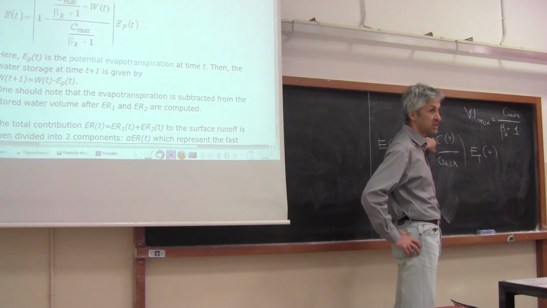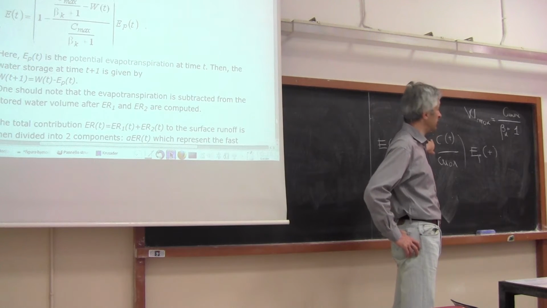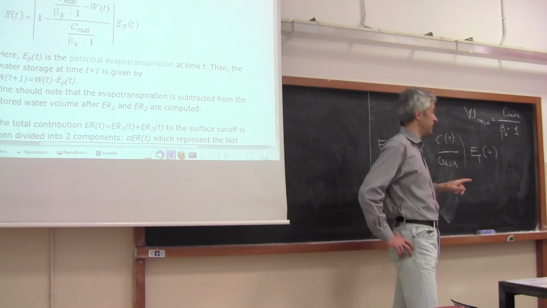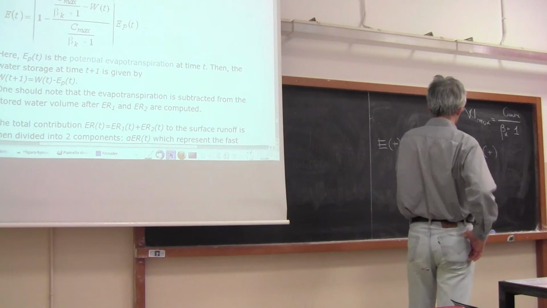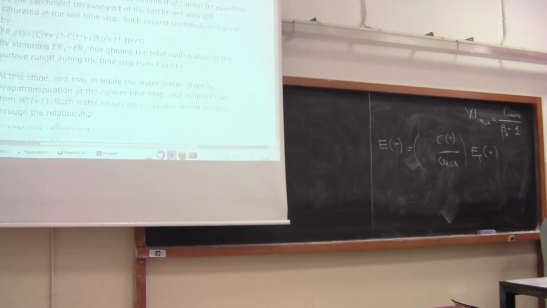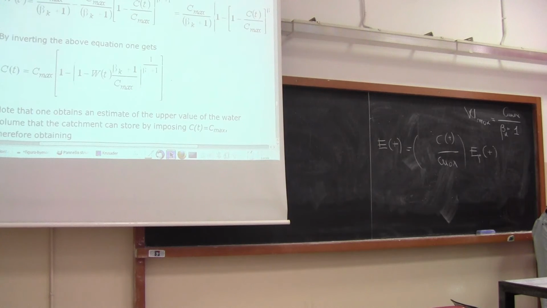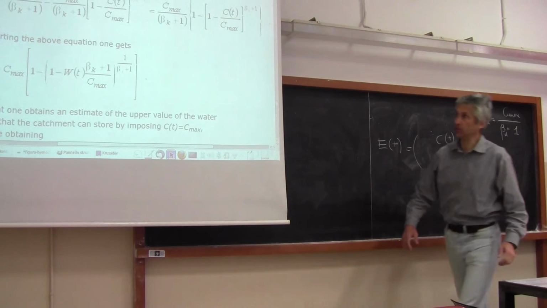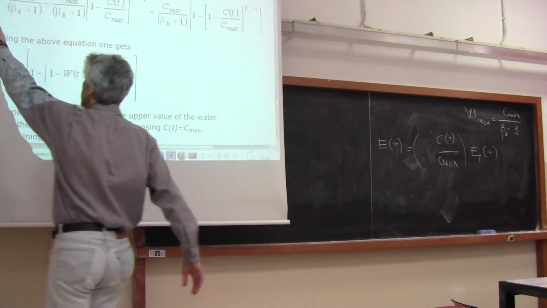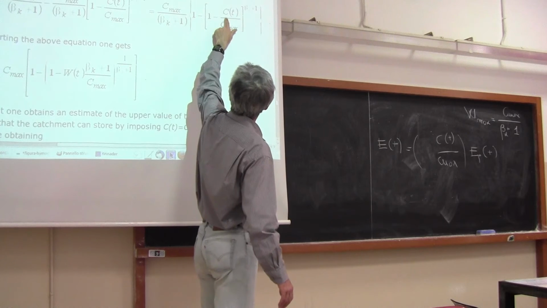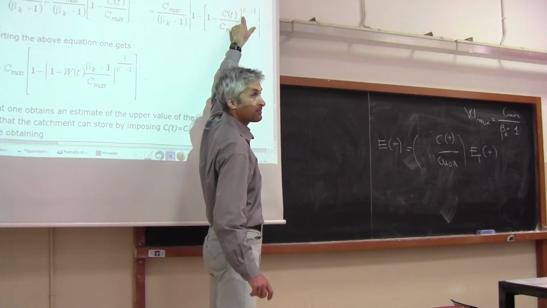Because this is linear in C, but the relationship between C and W is not linear. You see, this is the relationship between W and C, and it's not linear because there is an exponent here.